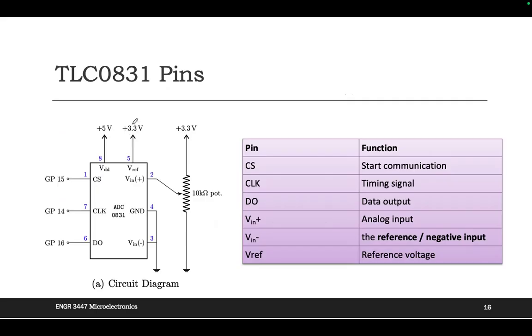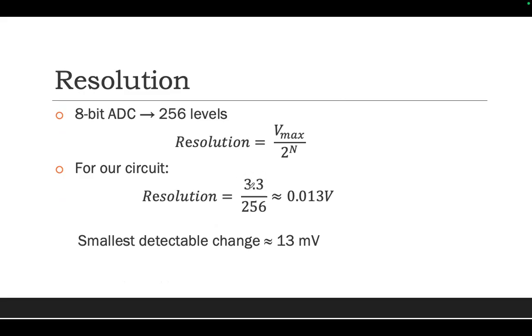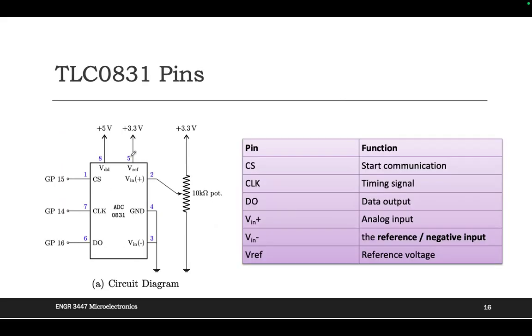This maximum will decide the resolution, because if this is not 3.3, the voltage will change, am I right? I tell you, this 3.3 voltage can be changed to some specific value, not any value. And I will tell you why we change this value and what values it can be changed to.